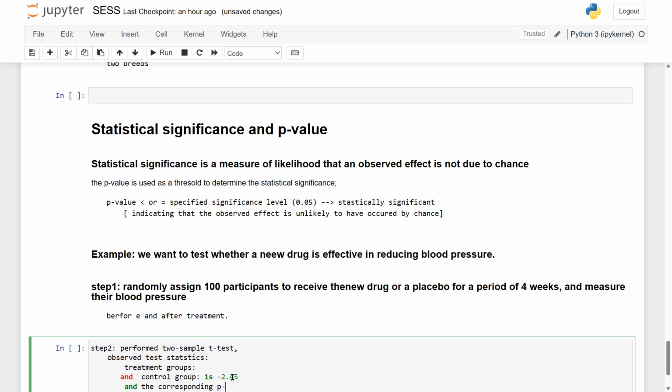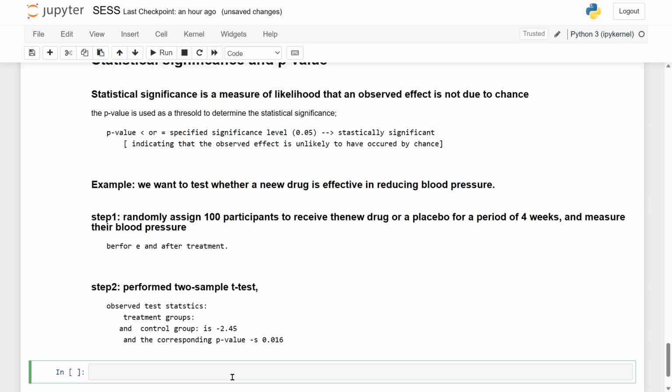The corresponding p-value is 0.016. Now in this case, the p-value is lesser than the commonly used significance level of 0.05.